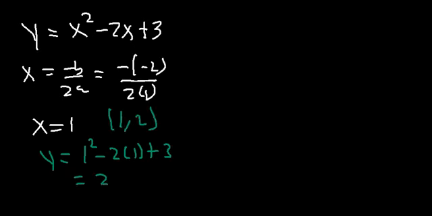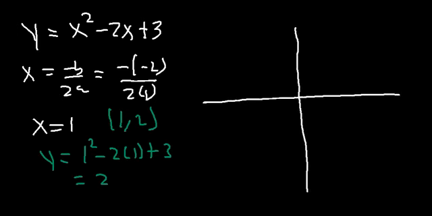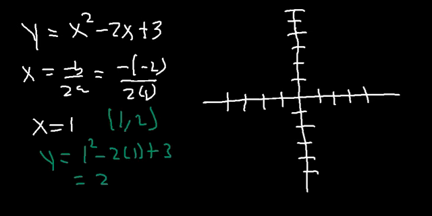So we got the point (1, 2). So our graph is initially right here.